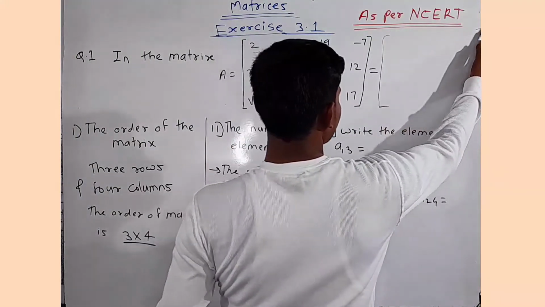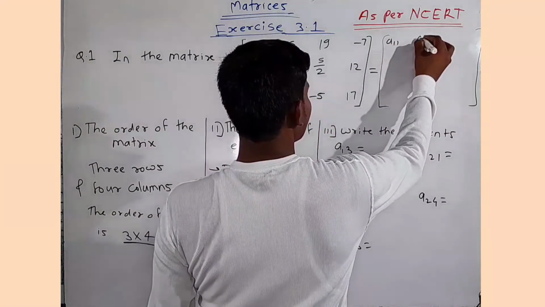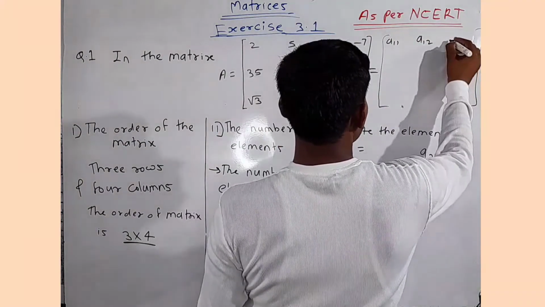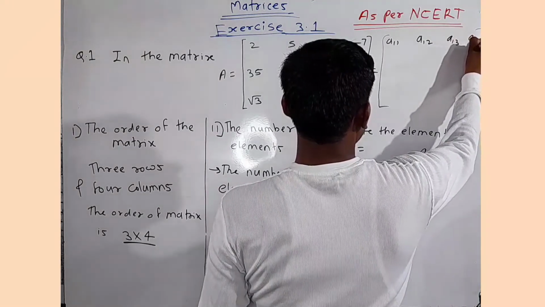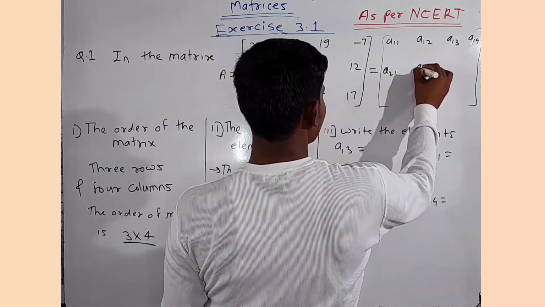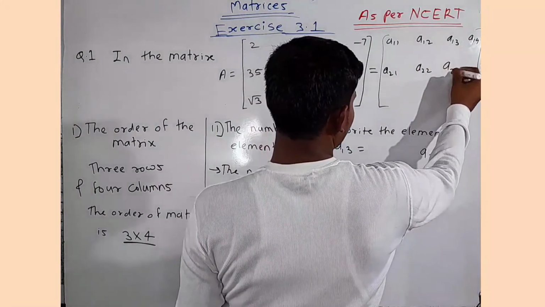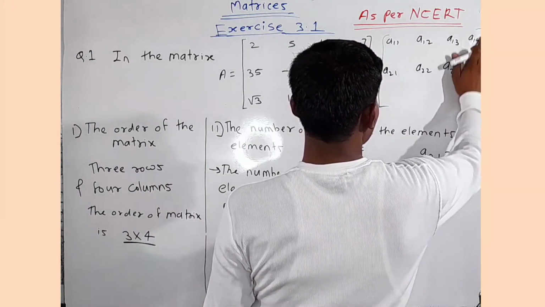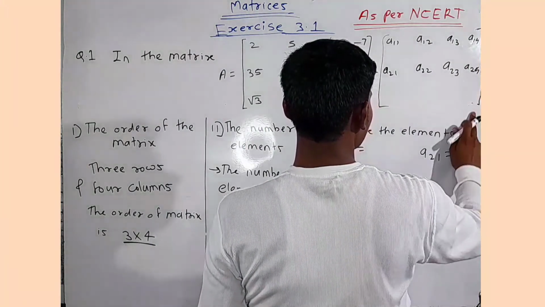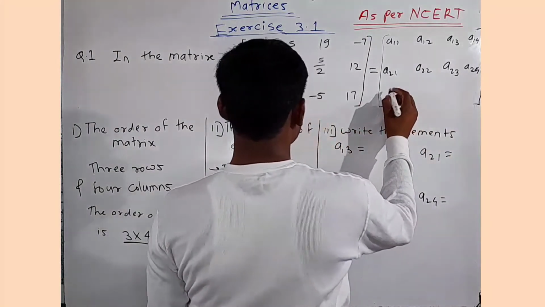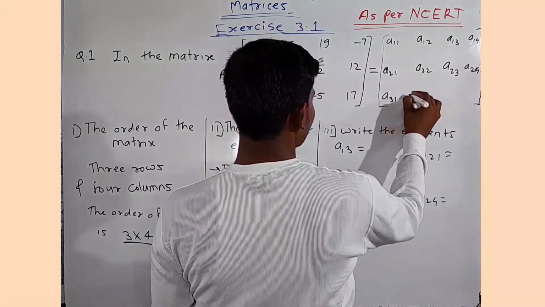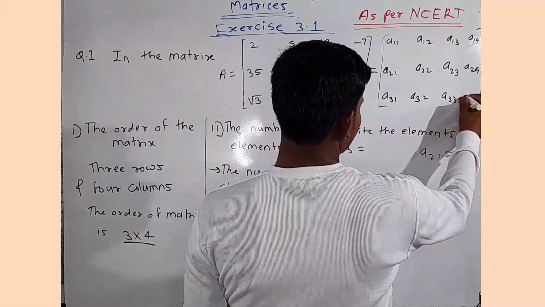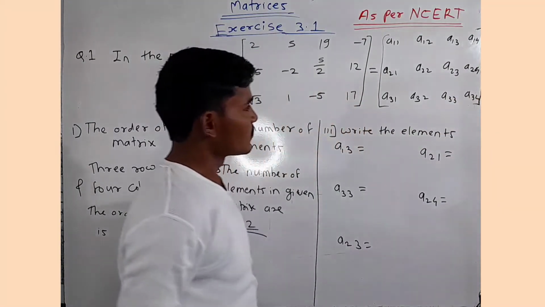That general matrix is A11, A12, A13, A14, A21, A22, A23, A24, and the last row A31, A32, A33, A34.